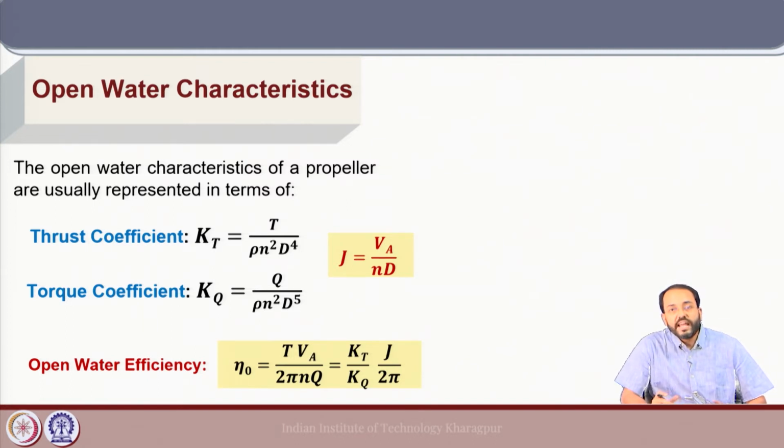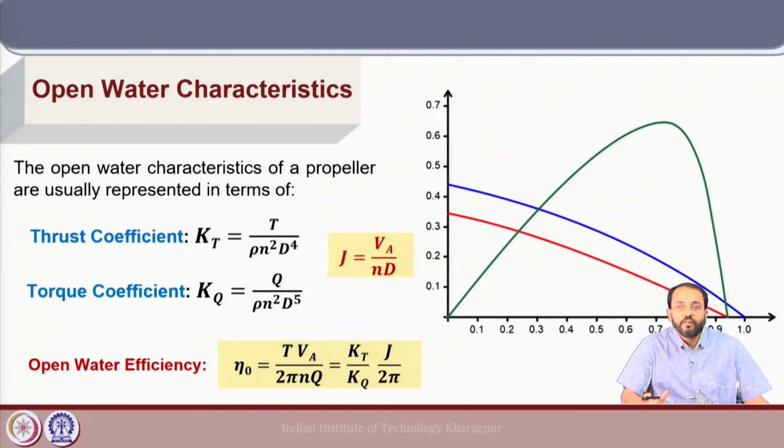So, Va, the velocity of advance, divided by n, the rotational speed, times diameter D is the advance coefficient, and the dependence of the propeller thrust and torque coefficient on the advance coefficient is given by the open water characteristics of a propeller. This is how the open water diagram looks.